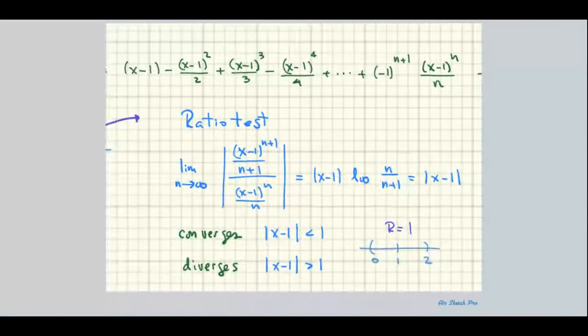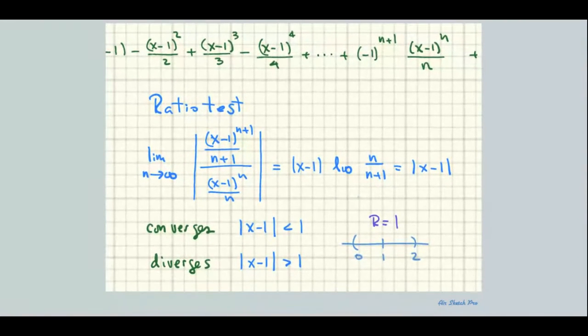Now, with most of these power series, and I'm not sure I have any examples where this wouldn't be true, in general, you just assume that if you need to find the radius of convergence, you need to use a ratio test. And then if the radius ends up being anything other than infinite, we'll set up the radius of convergence and then check the endpoints.